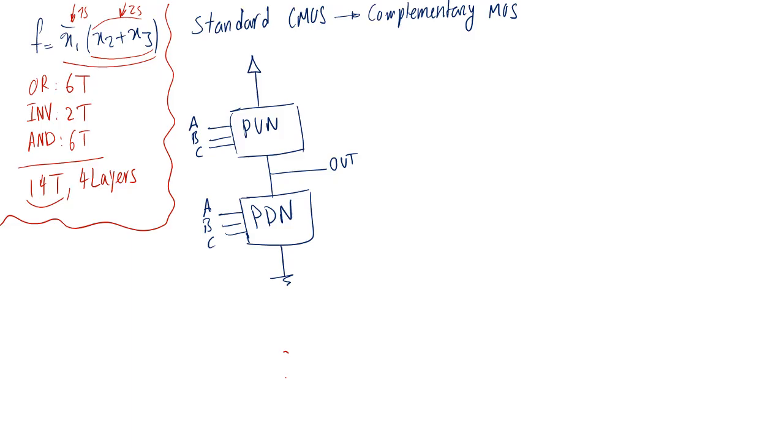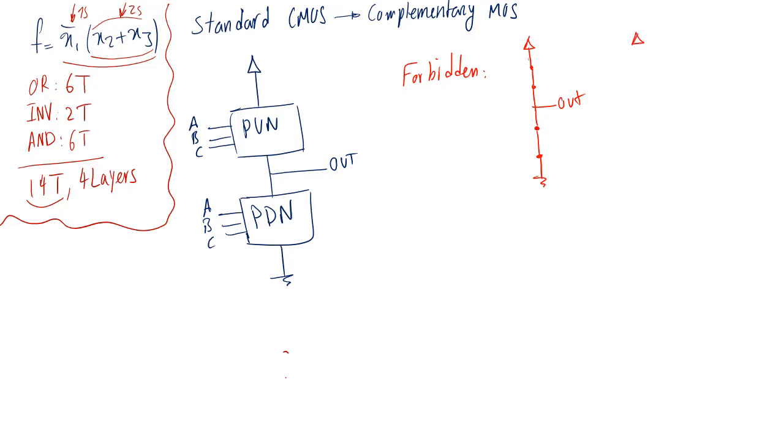The first forbidden state was when the pull-up network was active and the pull-down network was also active. So the output was connected to both VDD and ground. That was something that we never wanted to happen, because we can't say with certainty whether the output is going to be a 1 or a 0. We want the output to always be connected to either VDD or ground.